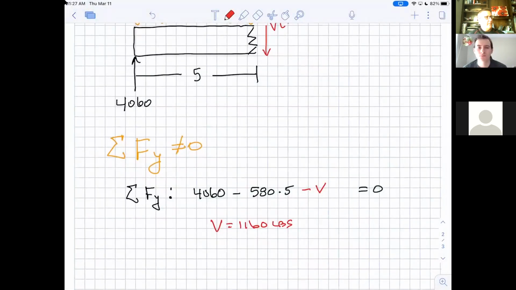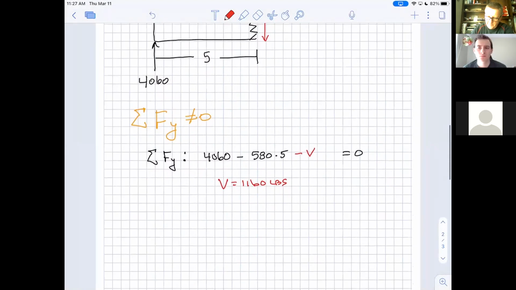Now, did you notice I just randomly picked 5 feet? What's 5 feet? Well, the answer is nothing special. If you're going to have more distance from the left side, which is 460, our shear value is going to go up.